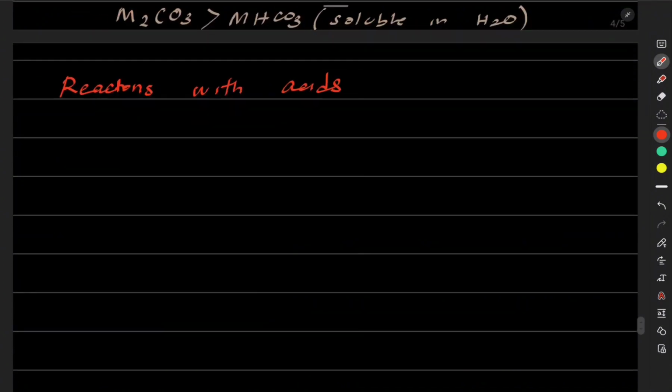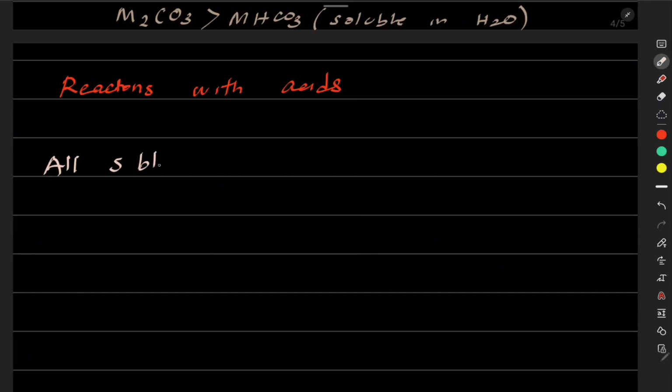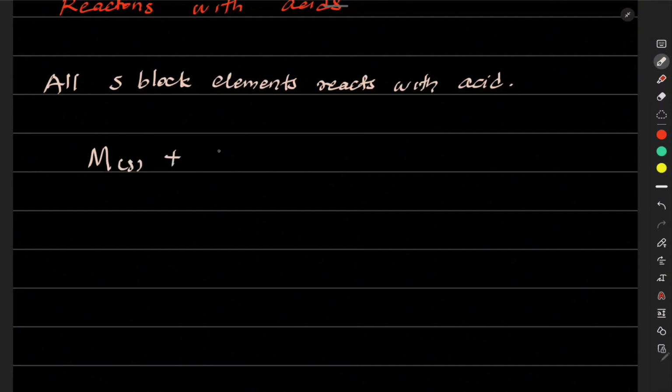Now we'll talk about reaction with acid. All s block elements react with acid. We'll write an example. Take M solid plus dilute HCl or H2SO4 or HNO3.